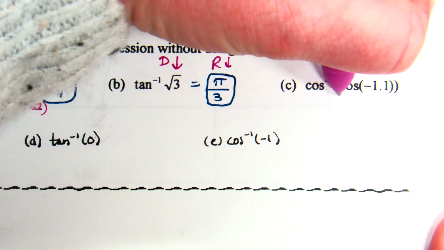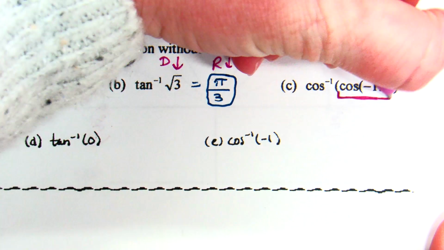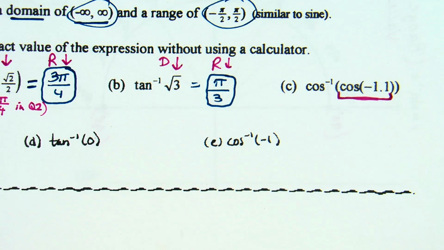Now, inside we are just strictly talking about cosine. Forget cosine inverse for a moment. So, do you know the cosine of negative 1.1? Are we allowed to use a calculator in this problem? No. Okay. So we have to do some thinking here.